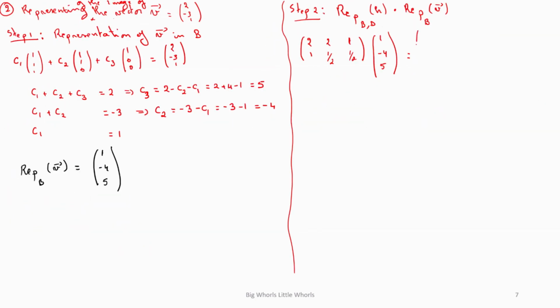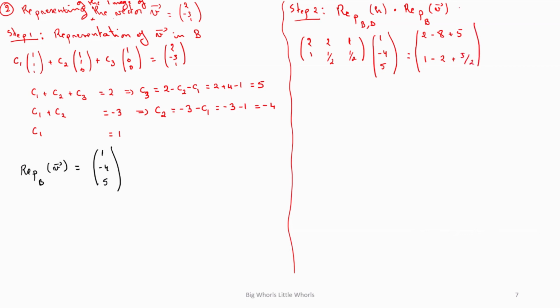Okay, so let's do it here. So the row of the matrix is there, dot multiply by the column of the vector. So 2 by 1 is 2, plus 2 multiplied by minus 4 is minus 8, plus 1 multiplied by 5, which is 5. And here the second element is going to be 2 multiplied by 1 is 1, a half multiplied by minus 4 is minus 2, and a half multiplied by 5 is 5 over 2.